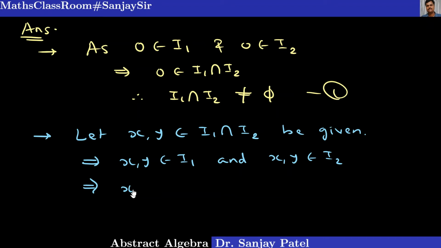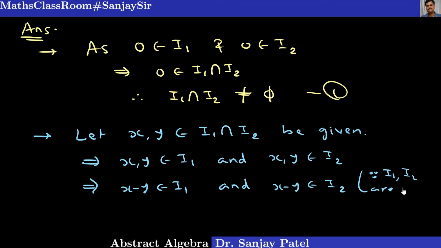This implies x minus y belongs to I1 because I1 is an ideal, so it is a subgroup, so it satisfies this condition. Same way I2 is an ideal, so x minus y also belongs to I2. It is an important step because I1 and I2 are ideals. So by the first condition of ideal, we can write this. And this means this element x minus y is in I1 as well as in I2. So it belongs to I1 intersection I2.